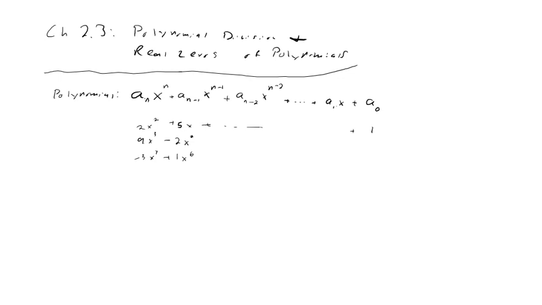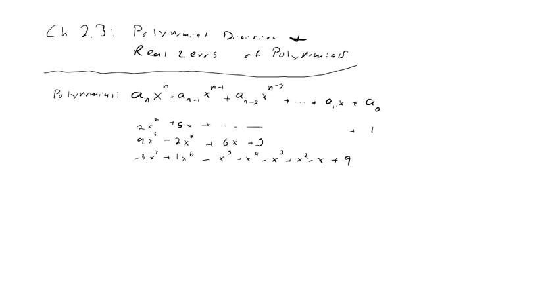This could be plus 6x plus 5, or minus x to the 5th power plus x to the 4th power minus x to the 3rd power plus x to the 2nd power minus x plus 9.